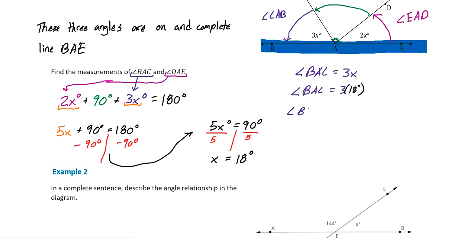So angle measure BAC will equal 54 degrees. There we have it. There's one of our answers. To find the measurement of angle DAE, which I wrote as EAD, I remember that that's equal to 2x.